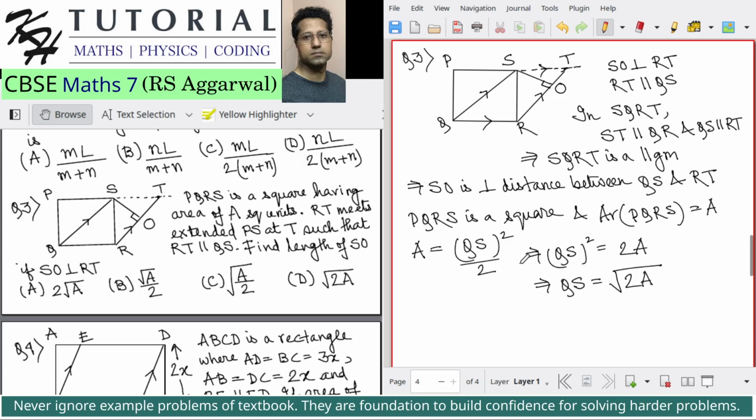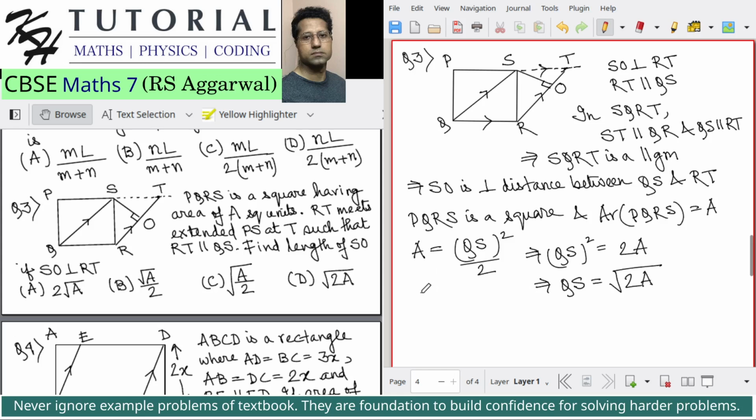Now we know we have to find SO, and we have found QS. To find SO, we need to know the area of the parallelogram SQRT. Please note that the diagonal of a square divides the square into two equal, congruent triangles.